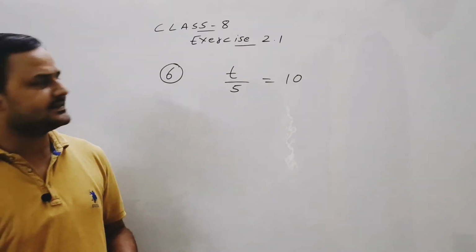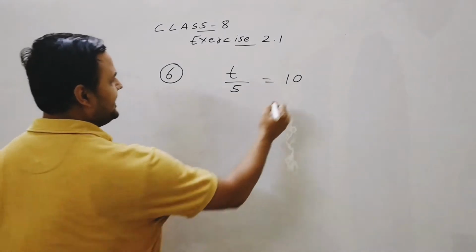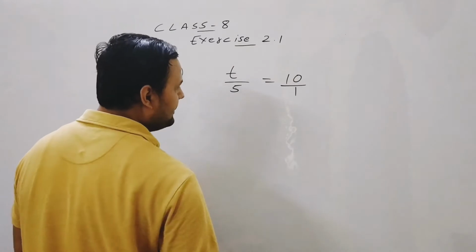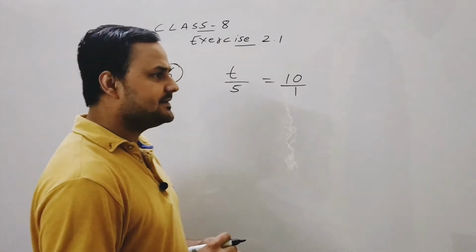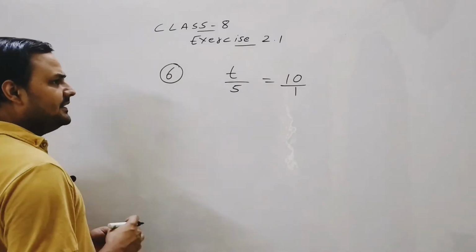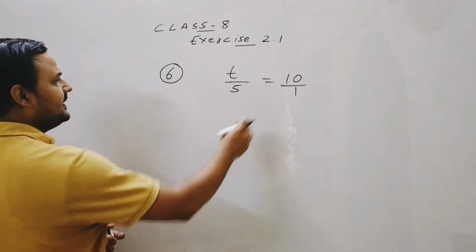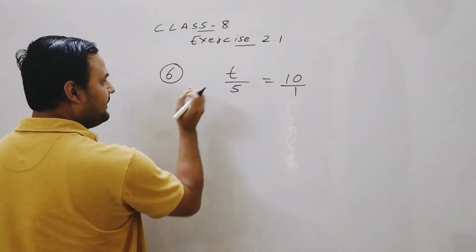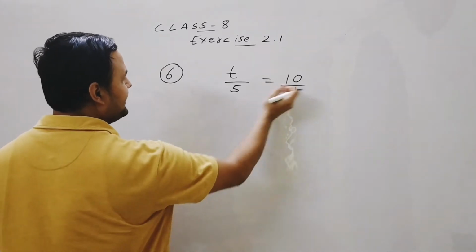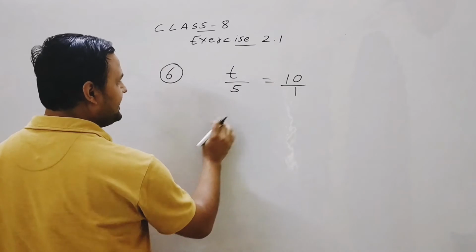Question number 6. t by 5 equal 10. So 10 means what? If we don't have anything in the place of the denominator, it means it's 1. I told you in the last video, now I'm going to say once again: if before the equal sign we have one fraction, and after the equal sign we have one fraction, then we do cross multiplication.